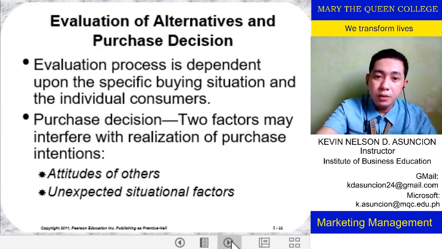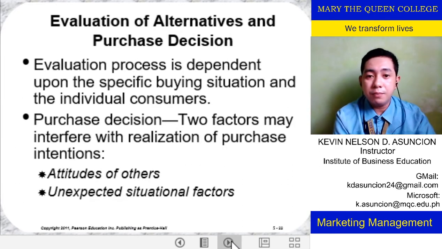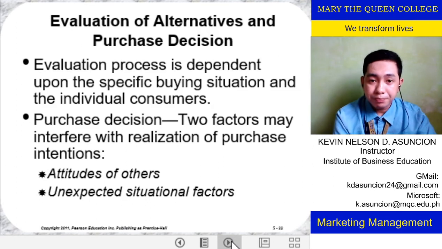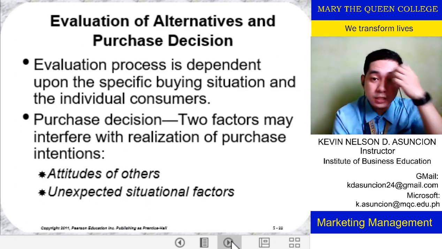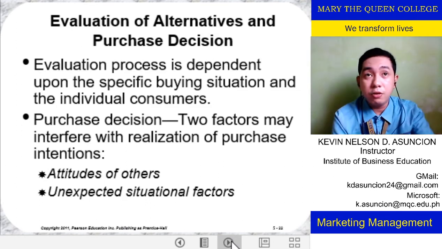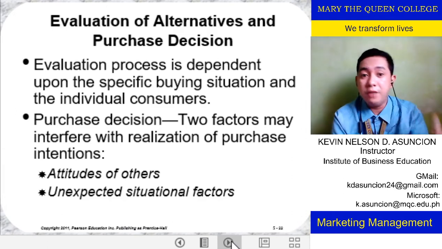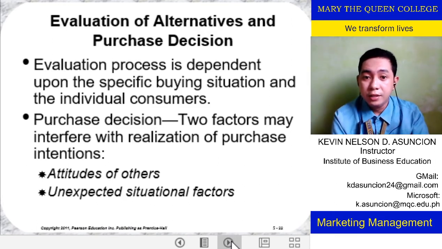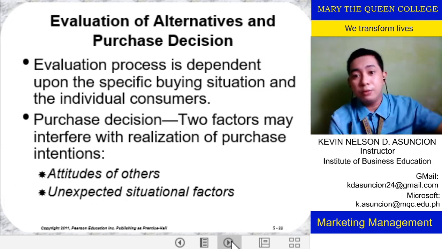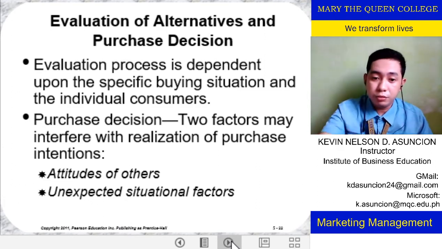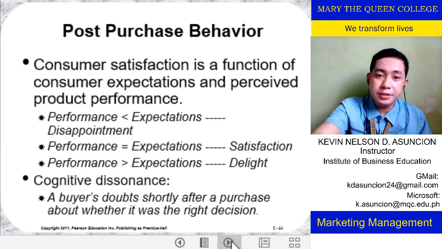But evaluation of alternatives and purchase decision depends on how you see the situation and the group of people, your market. So the behavior of your consumers, to constitute their purchasing decisions, their attitudes and other situational factors, as mentioned earlier, what constitutes their purchase.